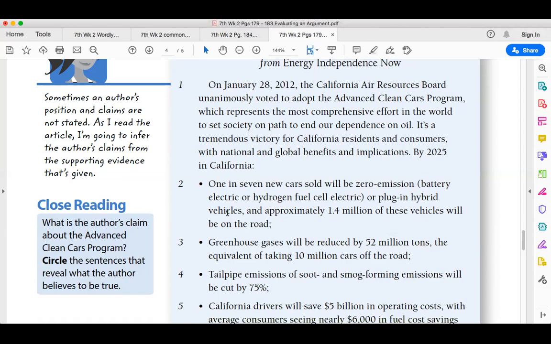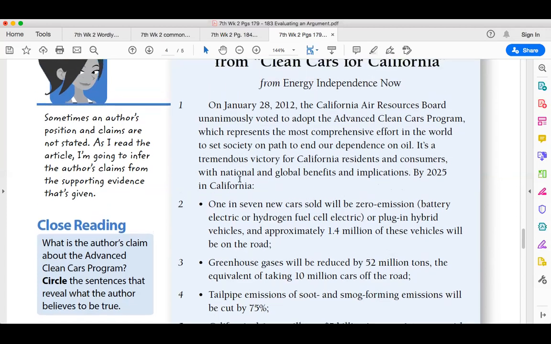I can't circle, so I'm going to highlight this. If you go to the very first paragraph, it says on January 28, 2012, the California Air Resources Board unanimously voted to adopt the Advanced Clean Cars program, which represents the most comprehensive effort in the world to move a society on a path to end our dependence on oil.